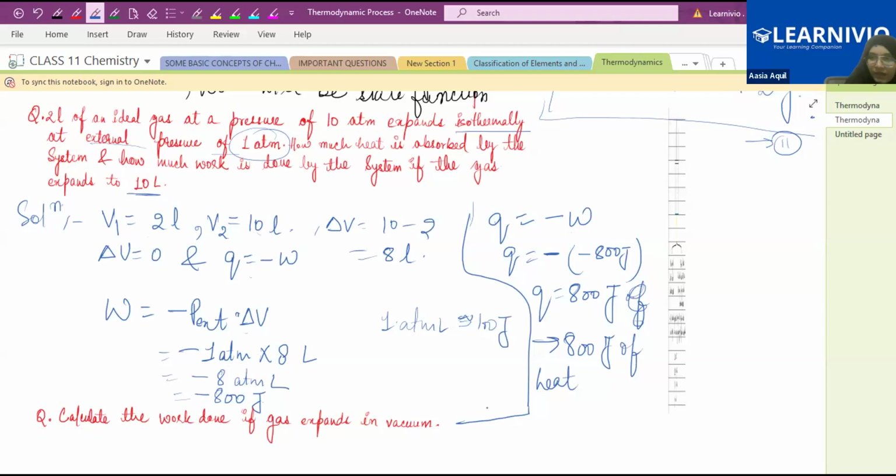So 800 joule of heat is absorbed by the system. So you should know what it means if Q is positive or negative. If the work value is negative, it means work is done by the system. That's why the value is negative.